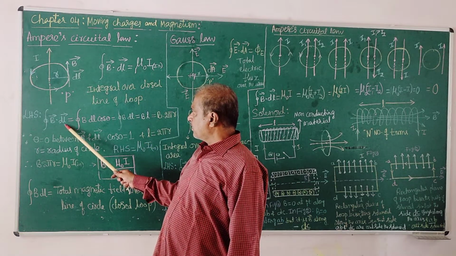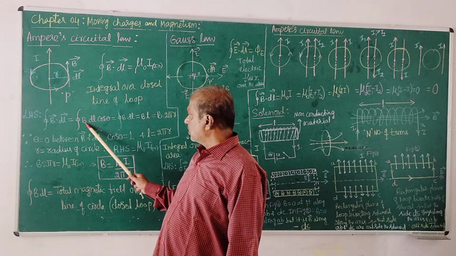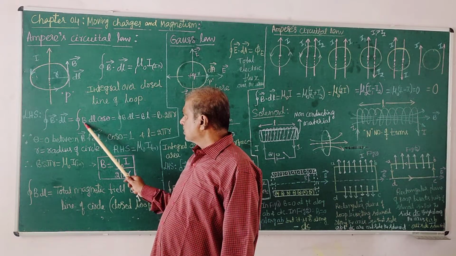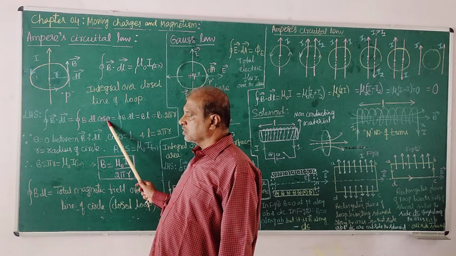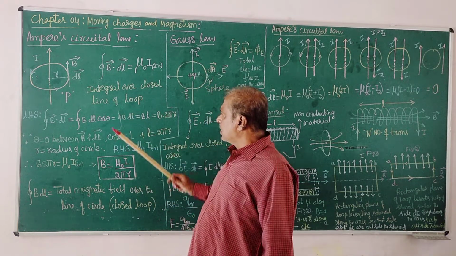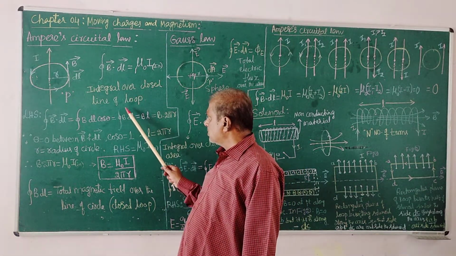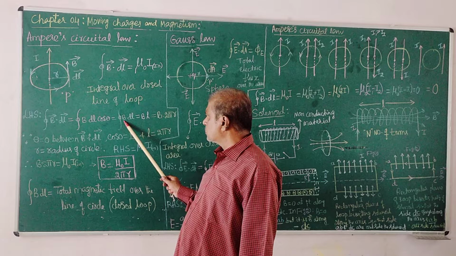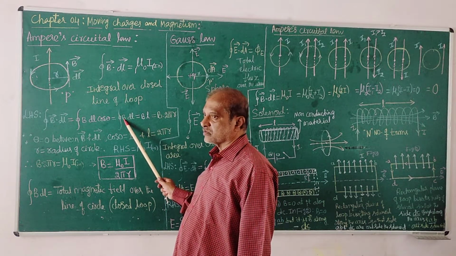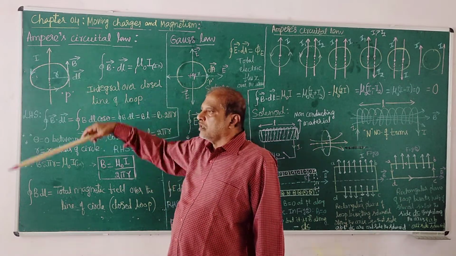The left hand side of the statement is the integral of this. As you know, the definition of the dot product is this into cos theta. Theta is 0, so cos 0 equals 1. This finally becomes B into dl. The integral of B into dl: among these two functions, B is a constant, and dl is of course variable for the length.